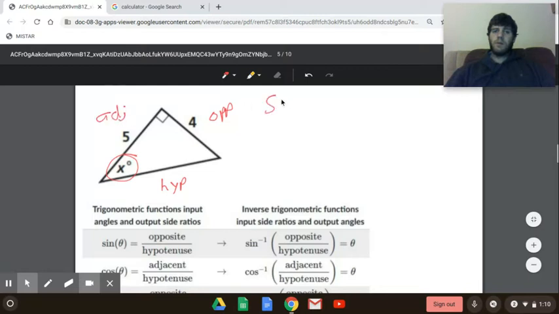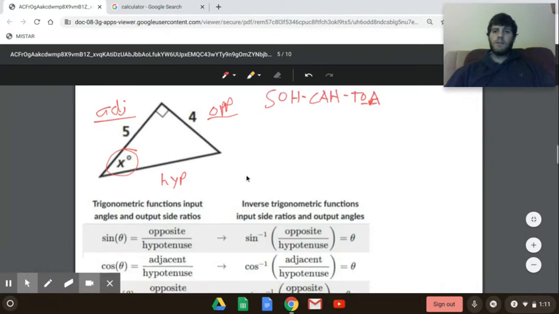Okay, if we use our mnemonic, SOHCAHTOA, we have the opposite and the adjacent. That's the O and the A. So that's the TOA part. So we're going to use the tangent function. Okay, but we're solving for an angle, so we want to use the inverse tangent, right?